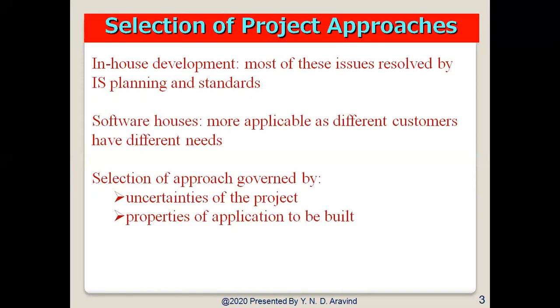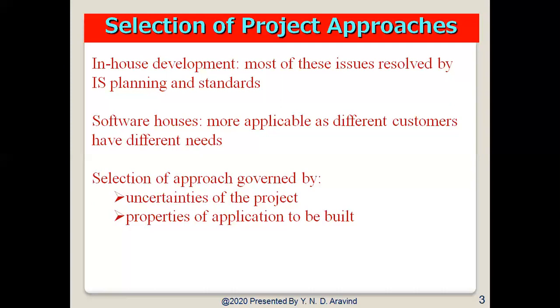One system development methodology is not necessarily suitable for use by all projects. Each of the available methodologies is best suited to specific kinds of projects based on various technical, organizational, project and team considerations. In in-house development, most of these issues are resolved by information system planning and standards.